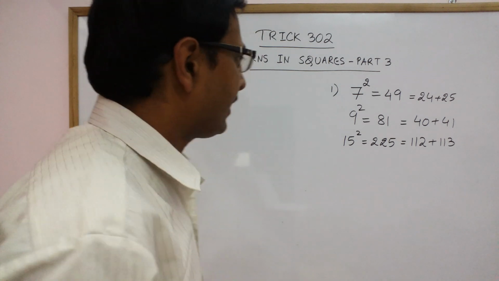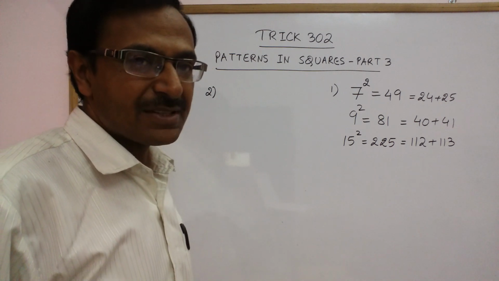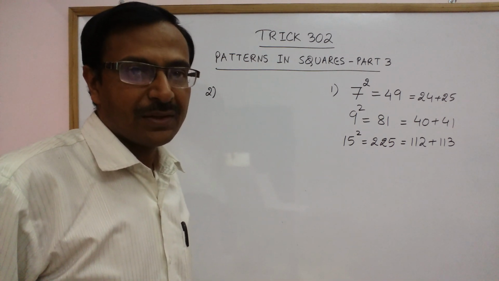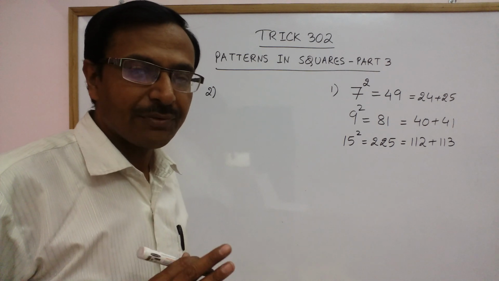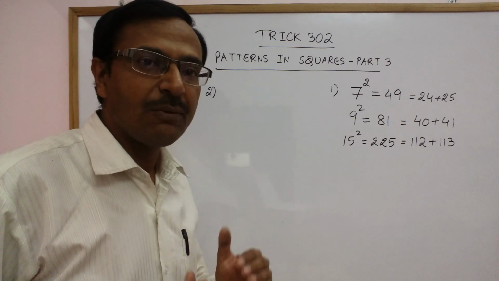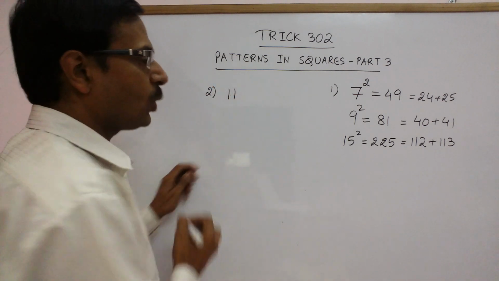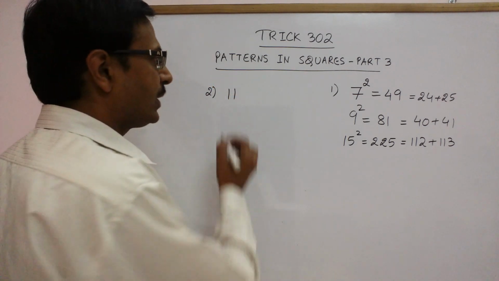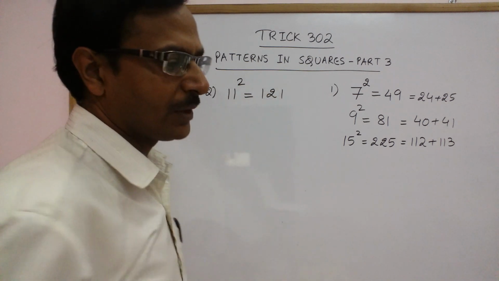Now the second pattern is more amazing. You will be surprised by this one. Now see, suppose you have the squares of numbers which contain only ones, like 11. 11 contains only ones, so 11 squared is 121.